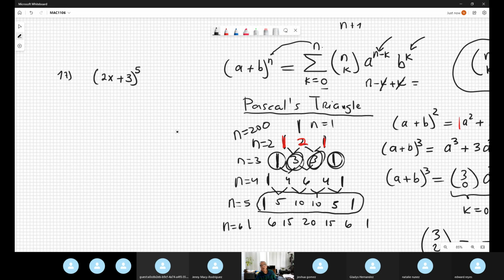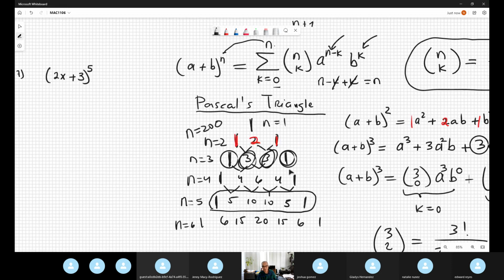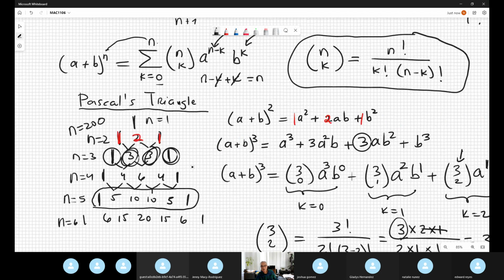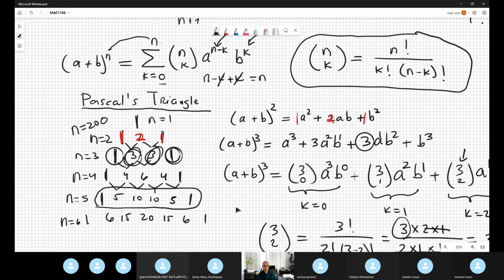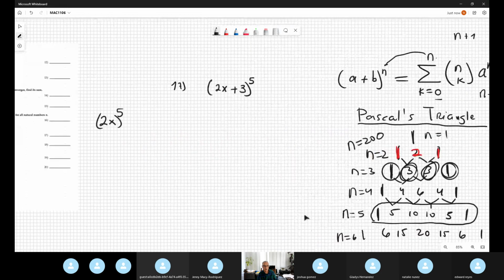It's obvious that k cancels and only n stays. This is super clear. Look, the exponent is 2 and 1 together is 3, and 1 plus 2 is 3. Always the summation of the exponents in the variables is 3. In this case, the summation is always 5. So you can put 3 to the 0 because b is 3. But this is 1, you know. You don't need to write that.